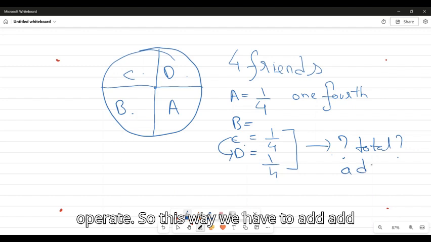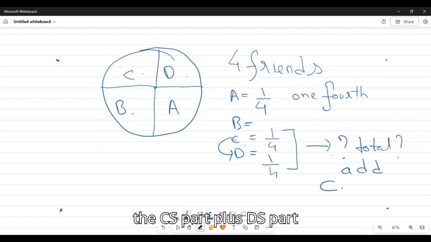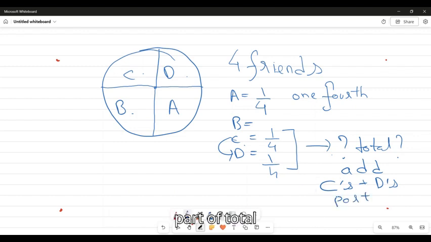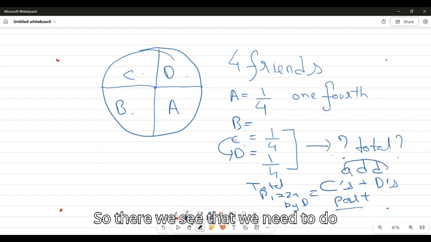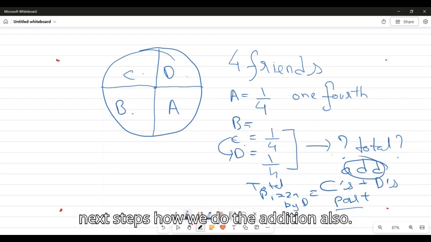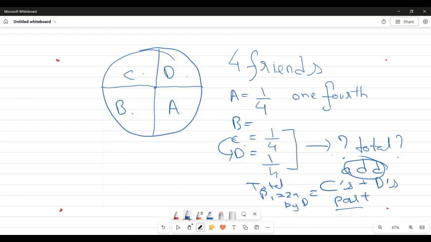This way we have to add C's part plus D's part of the pizza. This will give the total part of the pizza for D. So there we see that we need to operate on the fractions and use addition over here. We will see in the next steps how we do the addition also.